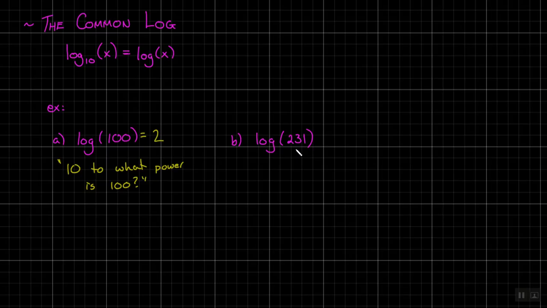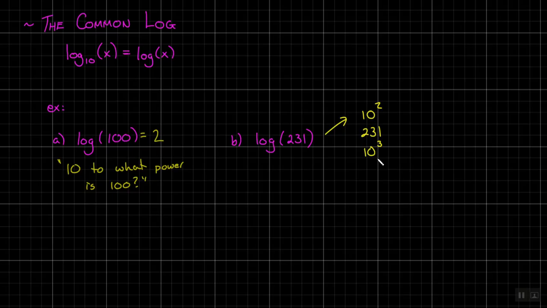Now, this one, let's estimate. This number is between 2 powers of 10, I think. Okay, so we're going to estimate it. This is not our main focus, but I just want to show you it's nice to have. 231 is between 10 to the power of 2 and 10 to the power of 3. Do we all agree with that? Yes. Is it closer to 10 squared or 10 cubed?